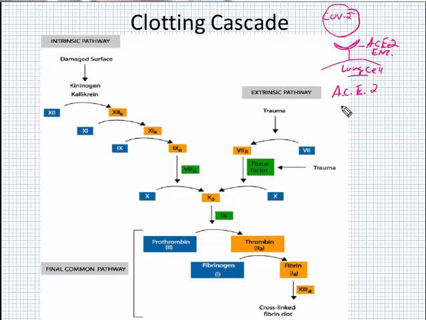Now, ACE2 converts angiotensin 2 to, I won't write the whole word out, but angiotensin 1 through 7.